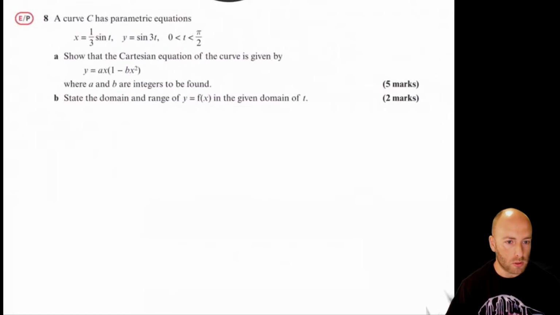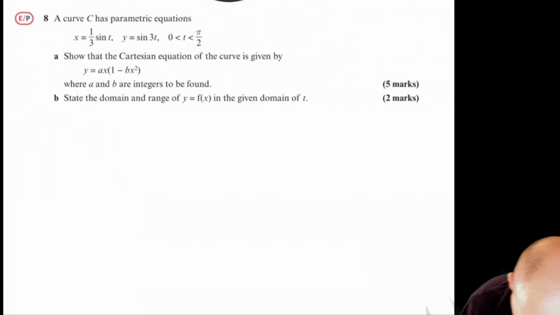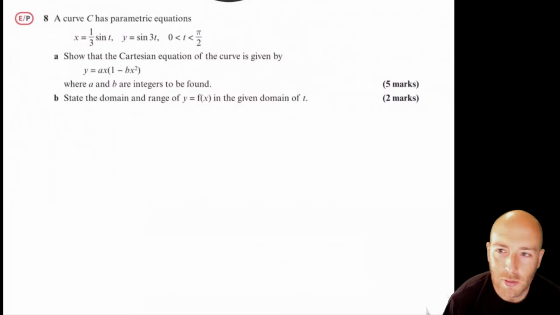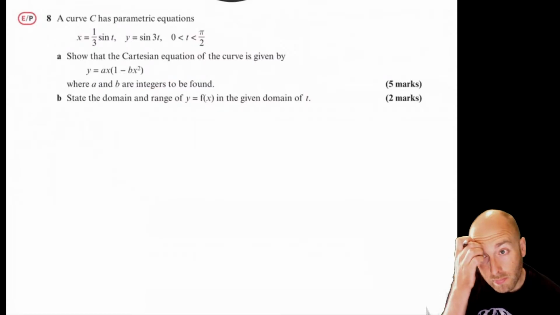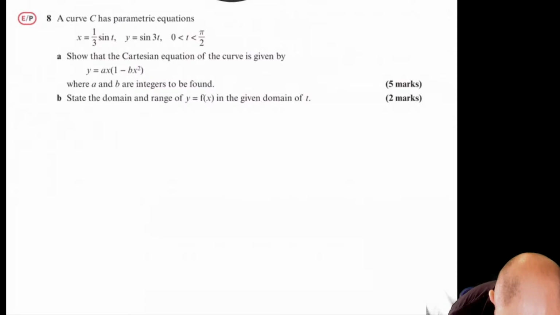Right, let's have a look at this one. I don't think any of you have answered yet, but we are running out of time, so let's get started. So find the Cartesian equation. Ooh, this is interesting. We need to mix sine and sine 3t. Interesting one, isn't it?